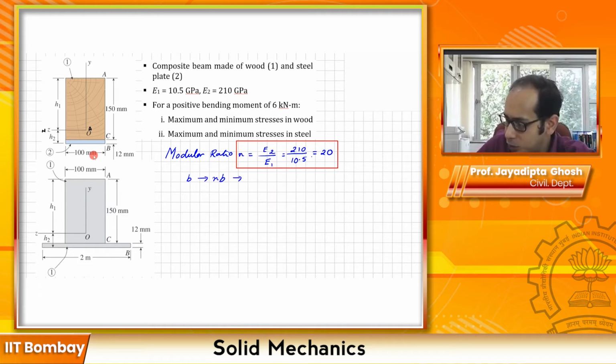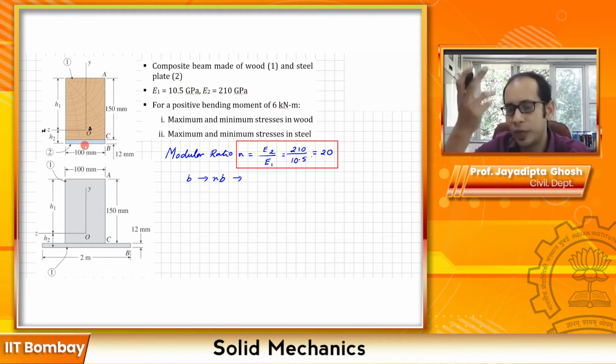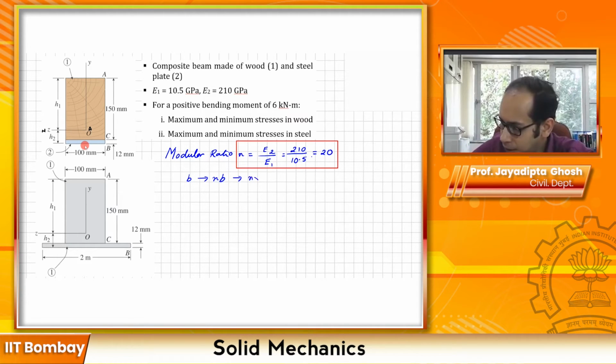So that means that what was initially my 100 mm for the steel plate, now I've converted to material 1, and the equivalent width is going to be n times 100. So that is 20 times 100, that is 2000 mm.